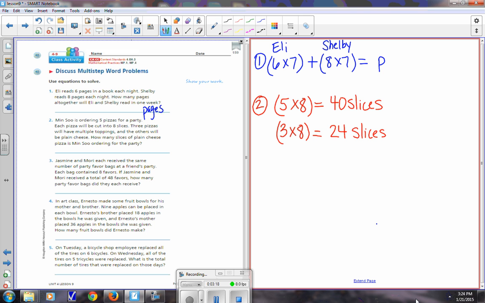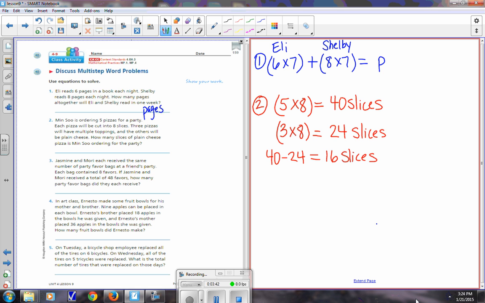So I need to subtract my 24 slices from my total 40 slices, and I will have a total of 16 slices of cheese pizza. Now, there is another way that you can figure this out real fast.